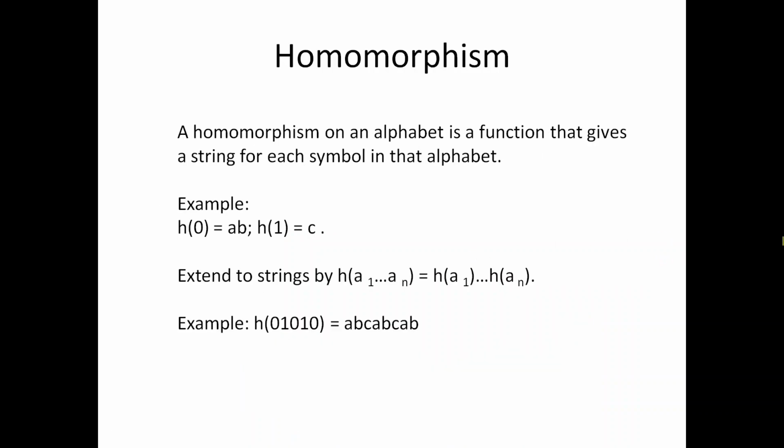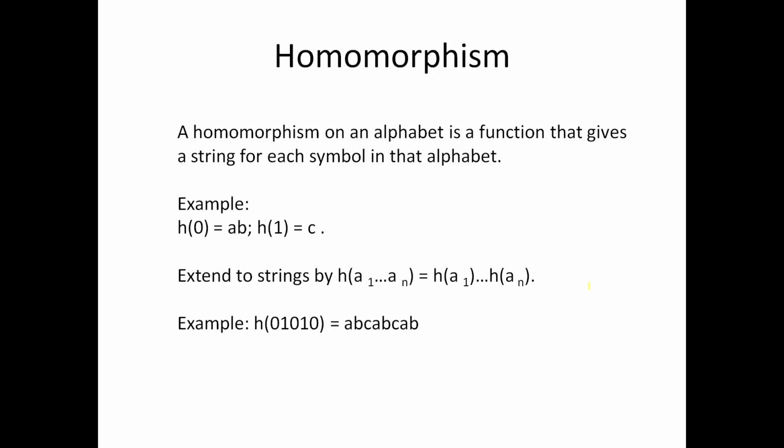So the next topic that we will discuss is homomorphism. Homomorphism is another property about regular languages, and it turns out that regular languages are closed under homomorphism. Homomorphism is basically a substitution function. We will use H to denote the homomorphism.